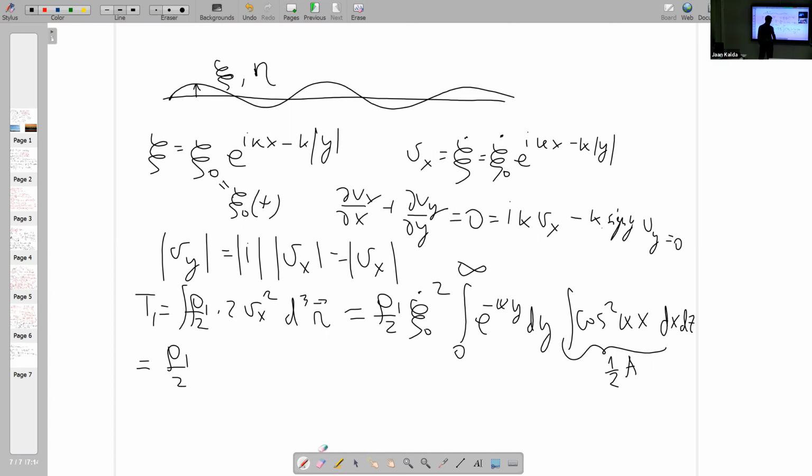But that 2 went away, and we have another factor 2 appearing. So we have ρ1 over 2 psi naught dot squared and A.